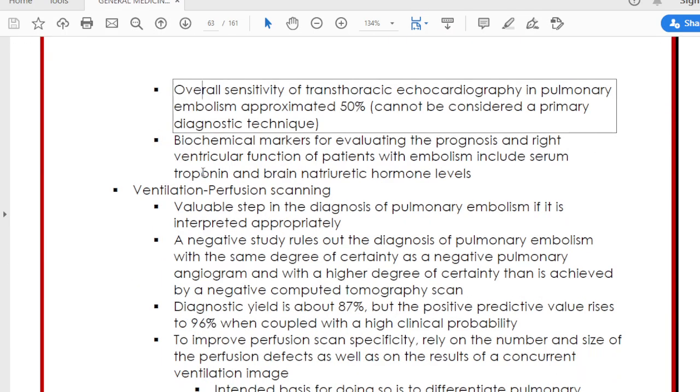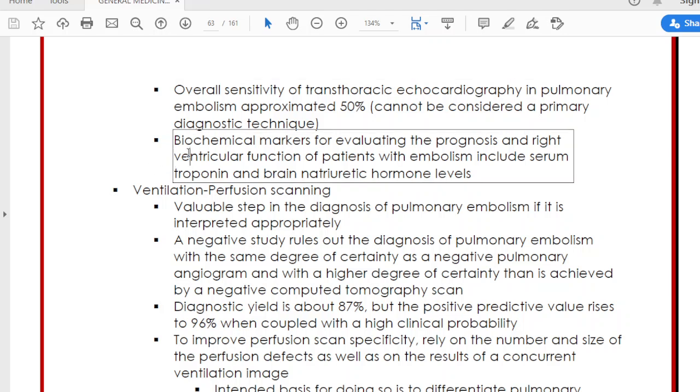Overall sensitivity of transthoracic echocardiography in pulmonary embolism approximated 50%, so it cannot be considered a primary diagnostic technique. Biochemical markers for evaluating the prognosis and right ventricular function of patients with embolism include serum troponin and brain natriuretic hormone levels.